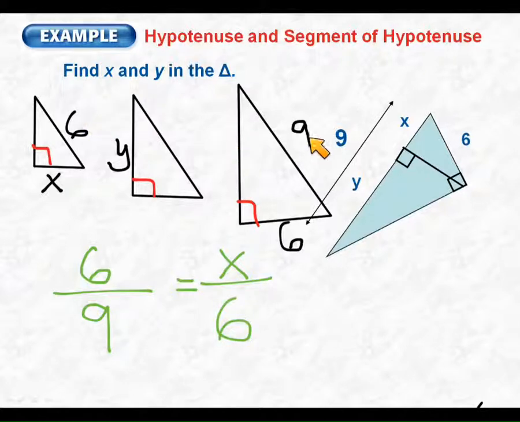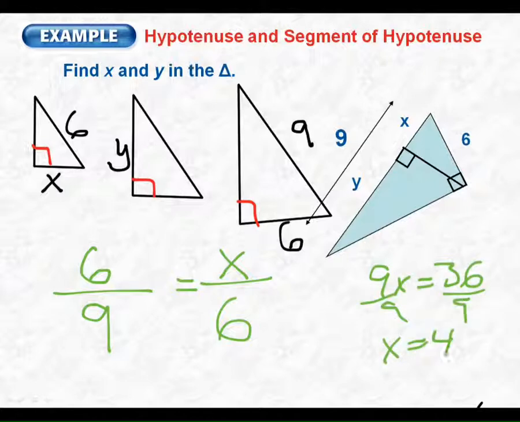I compared this to this equals this to this. That's what we did last chapter, right? And you can solve this for x. Cross multiply. You get 9x equals 36. Divide both sides by 9. You get x is 4. And then that's just what we got before. So you can always break those 3 triangles apart, turn them the same way, label them, and then just compare sides with proportions. You can also do it like we did before.